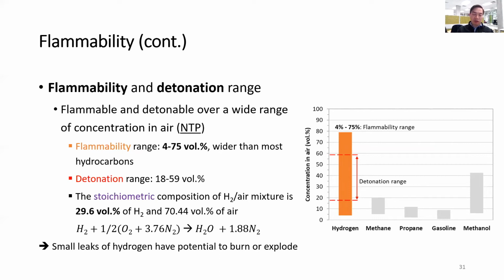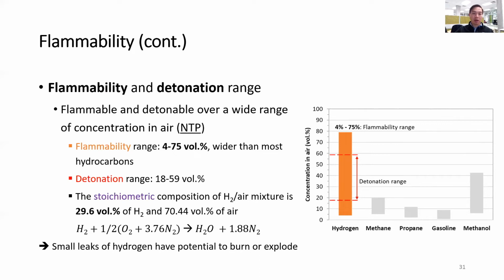Hydrogen, as you can see in the figure on the right-hand side, has a very wide flammability range, from 4% up to 75%, much wider when compared to, say, propane or gasoline. And the detonation range of hydrogen is between 18 and 59 volume percentage.